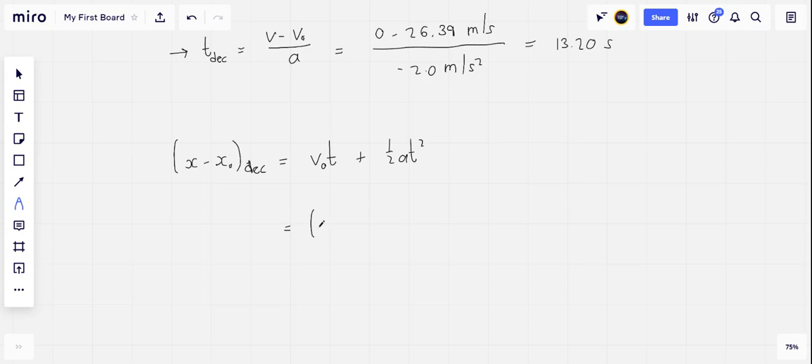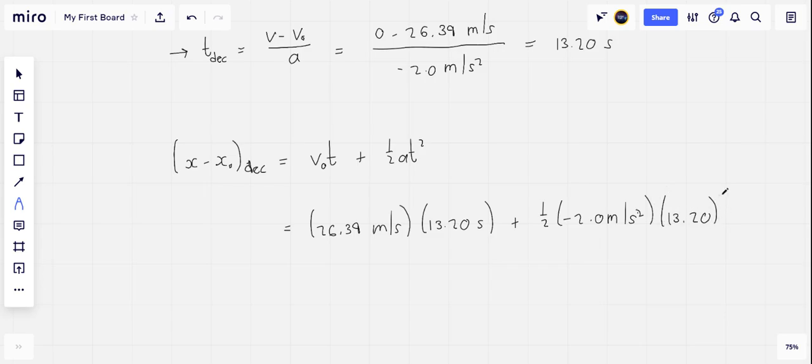And so that's the initial velocity of 26.39 meters per second times a time of 13.2 seconds plus a half into minus 2 meters per square second, which is deceleration, times t squared, which is 13.2 all squared. And that's seconds.